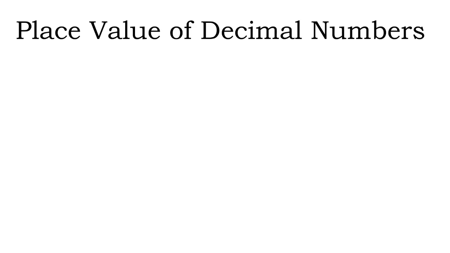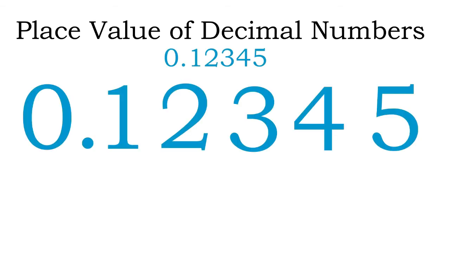But before we proceed, let us first review the place value of the numbers at the right side of the decimal point. For instance, we have the decimal 0.12345.